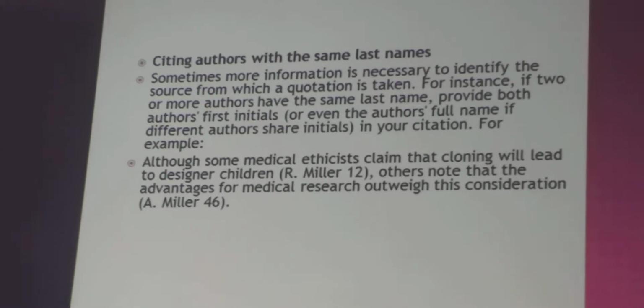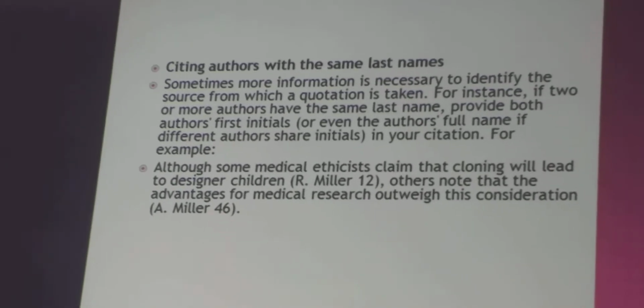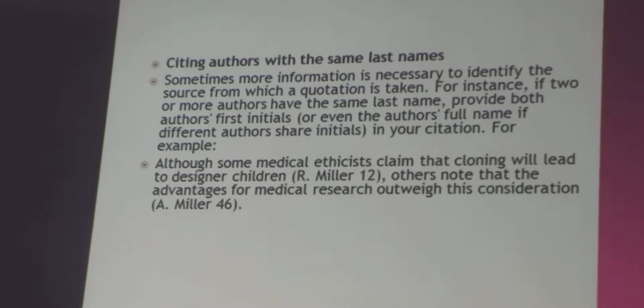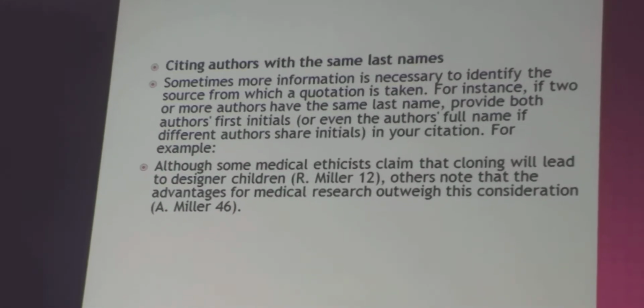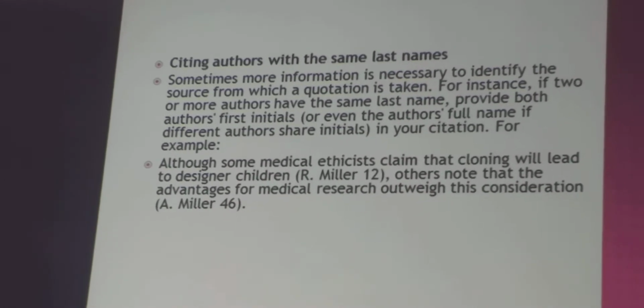So how can we list authors with the same family name in APA? I'm going to explain how to list that in MLA. You are going to answer me through my email on how to list it in APA style.